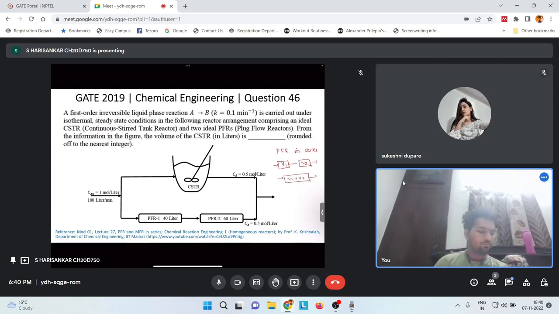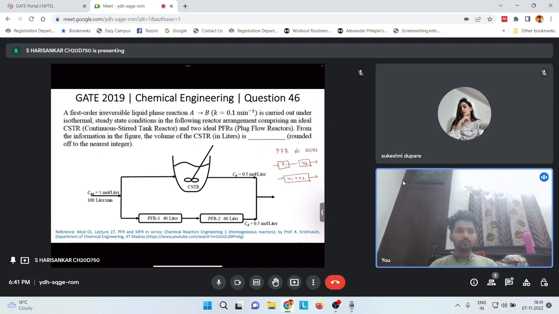Yeah, so essentially if we have two PFRs in series, we can consider that as a single PFR with the volume as the sum of the volumes of the two PFRs. So that is what we'll be using here to solve this question.